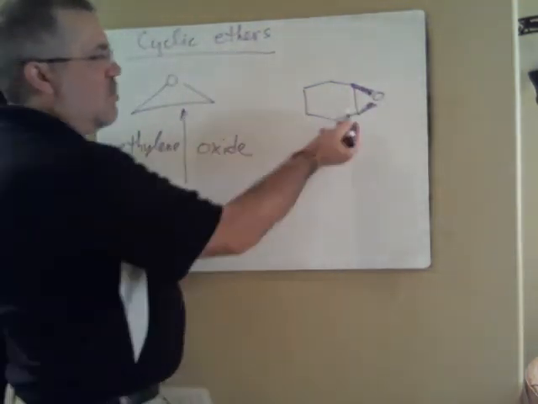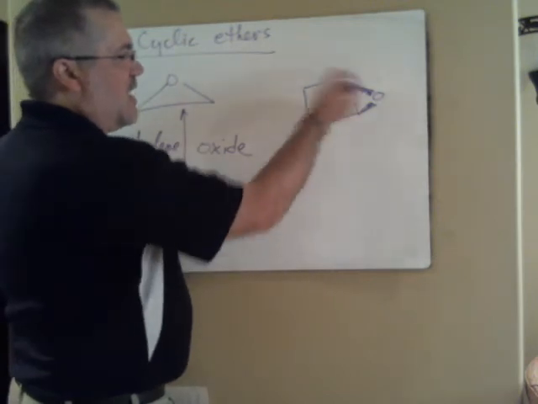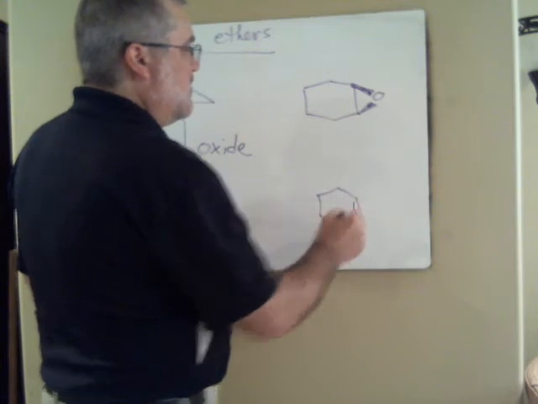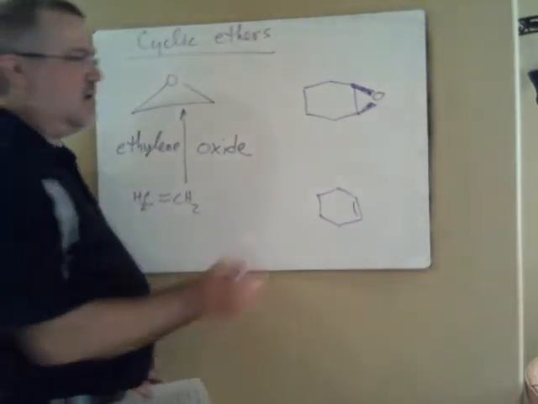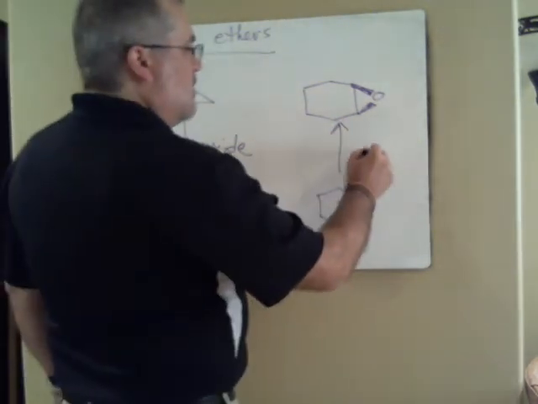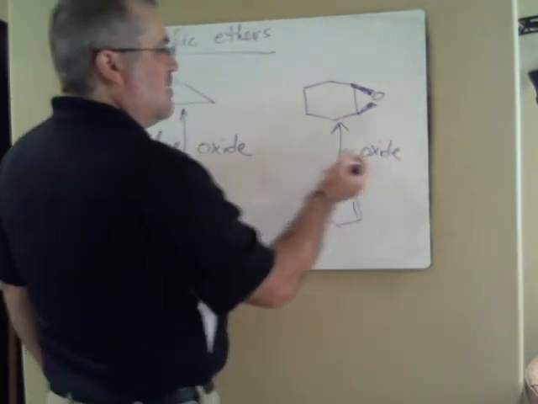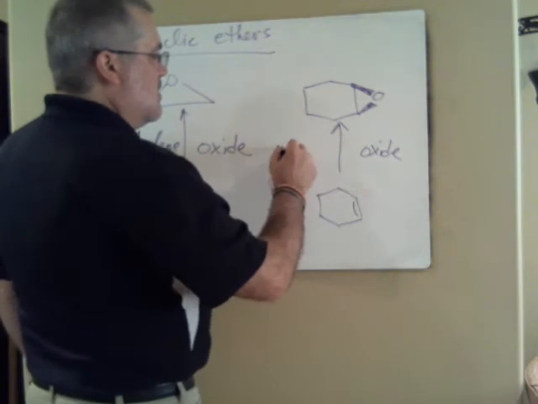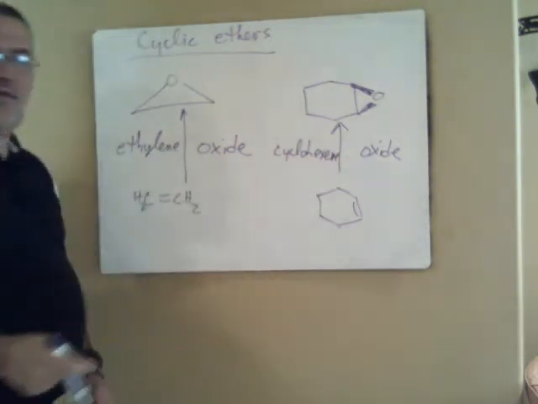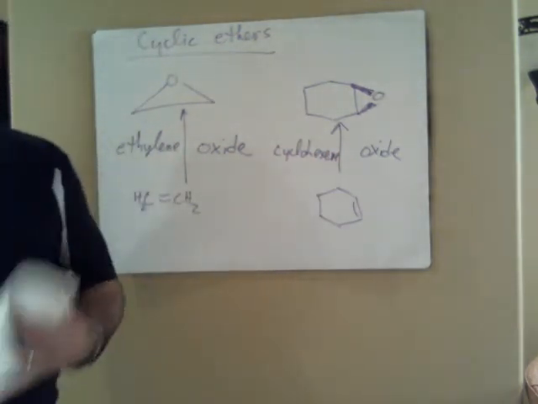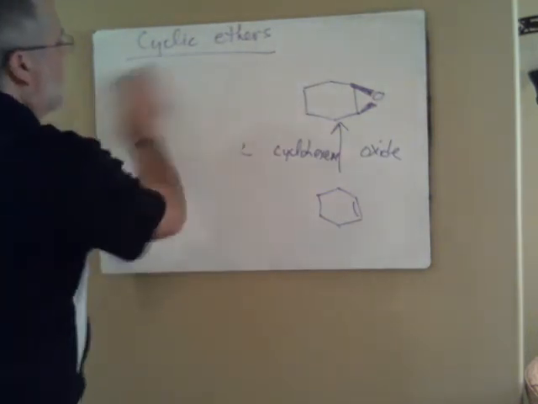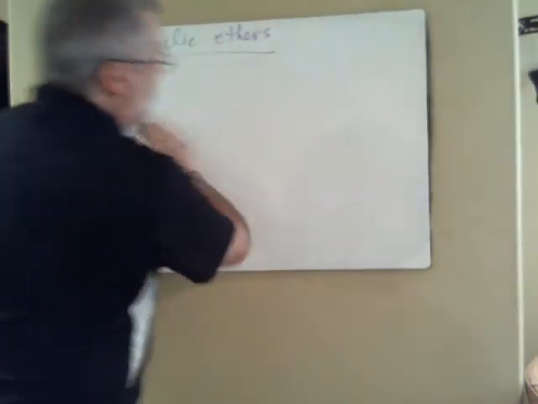Well, again, you're thinking, what alkene was this epoxide made from? What was oxidized to give this? It would be that alkene. That would give me this product on oxidation. Therefore, using the oxide nomenclature, this would be cyclohexene oxide.